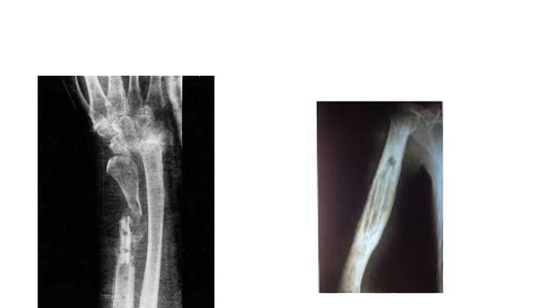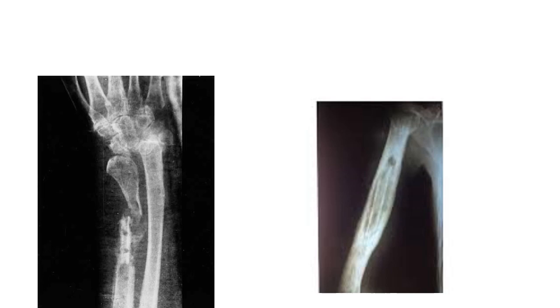Here you can well appreciate that this white piece of bone is sequestrum. This is a dead, necrotic, radiopaque piece of bone present in the center of the bone. Around this piece of bone, there is newly formed bone laid down from the periosteum.